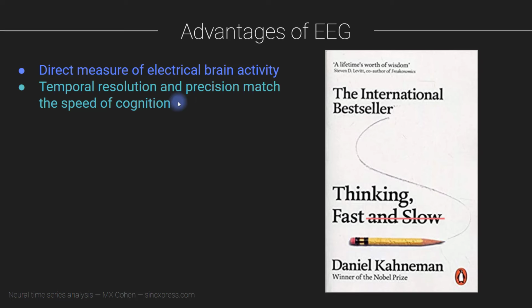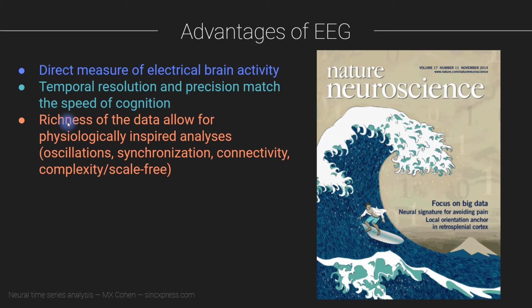So it's nice to have a brain measurement method that can measure the brain at the same speed as cognition occurs. EEG data are also extremely rich. They are very complex. There's a lot of information packed into the EEG signal. And this allows for many kinds of physiologically inspired analyses to be performed on the data. And of course, you will learn that throughout the rest of this class.